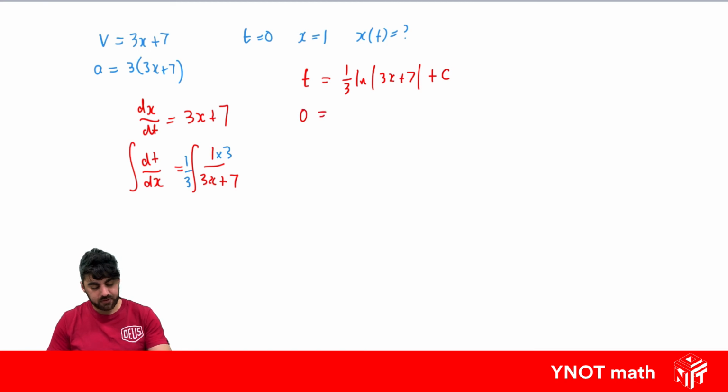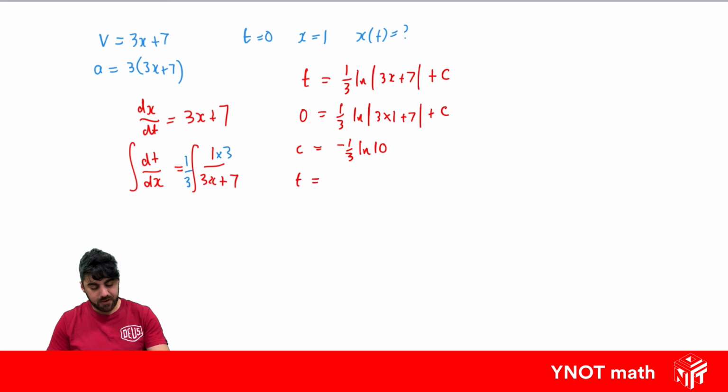We know when t is equal to 0, x is equal to 1, so we get 0 equals a third times the natural log of the absolute value of 3 times 1 plus 7 plus our constant. So we're going to get c is equal to minus a third times the log of 3 times 1 is 3, plus 7 is 10, and the absolute value of 10 is just 10, so our constant is minus a third times natural log of 10.